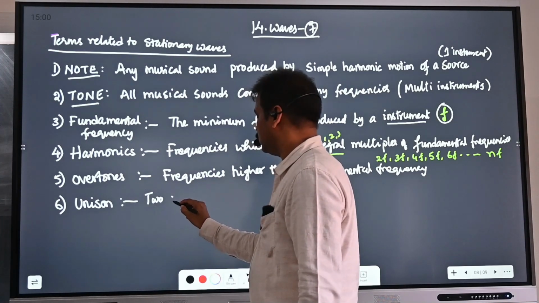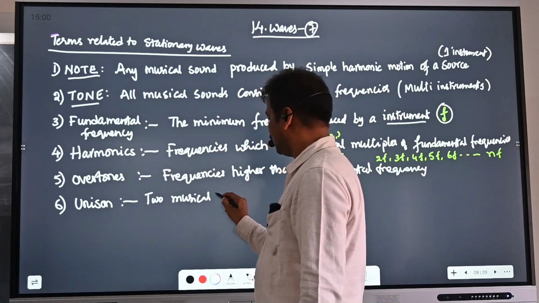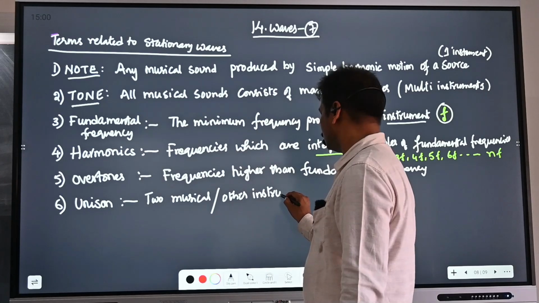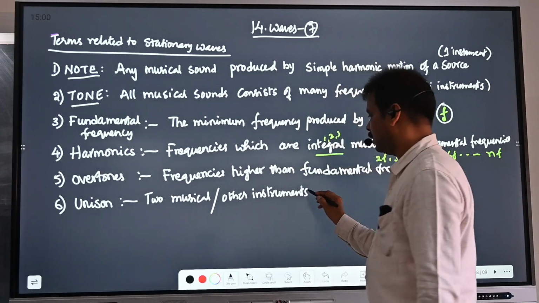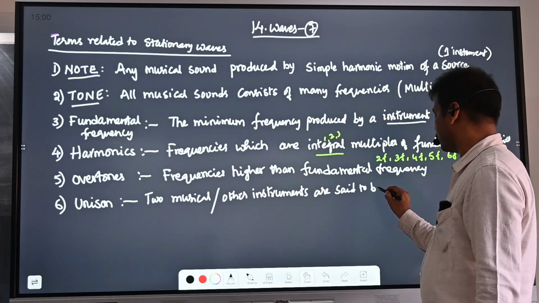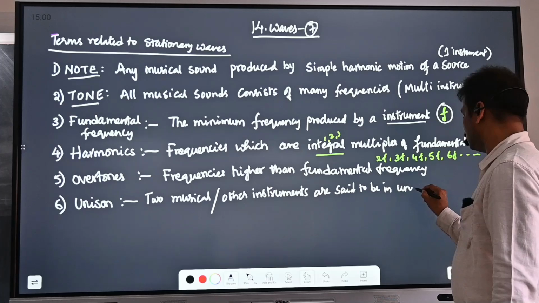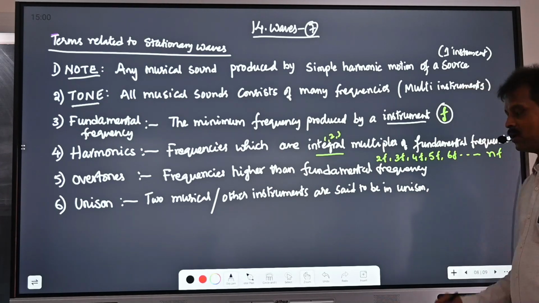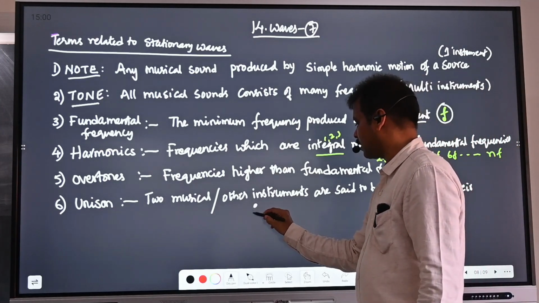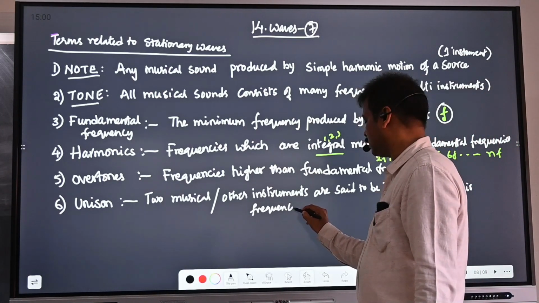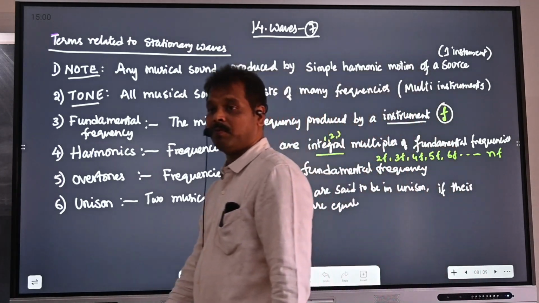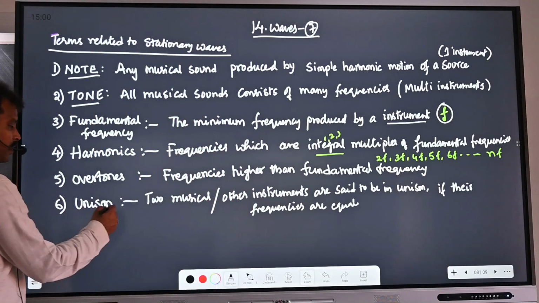Two musical or other instruments are said to be in unison if their frequencies are equal.